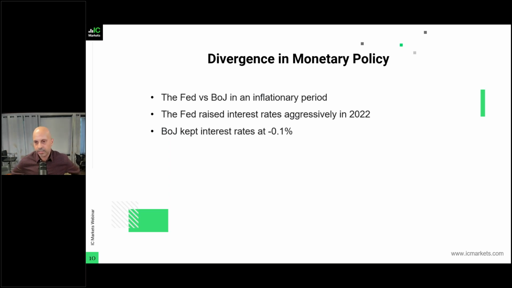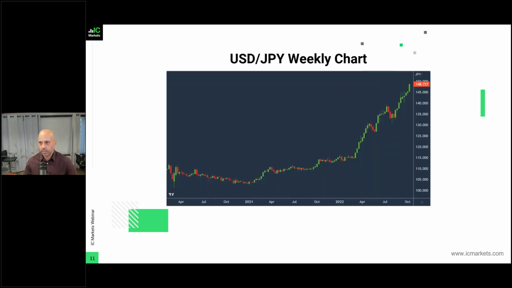All right. So in this case, the Fed and the BOJ would be USD JPY, right? This is a weekly chart of USD JPY from 2021 till October last year.